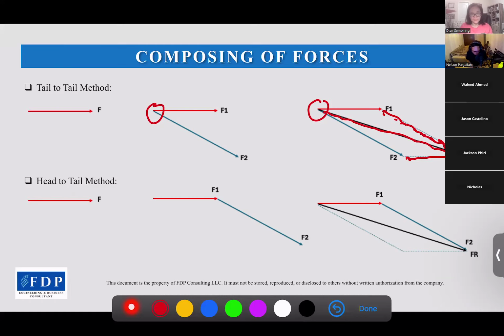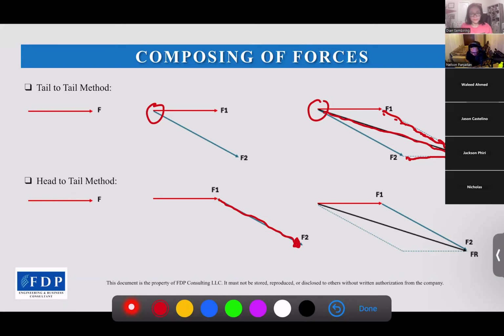For example, we put the tail of F2 at the head of F1 here. It will give the same result as the first one, but it depends on you which one you choose to combine the forces.